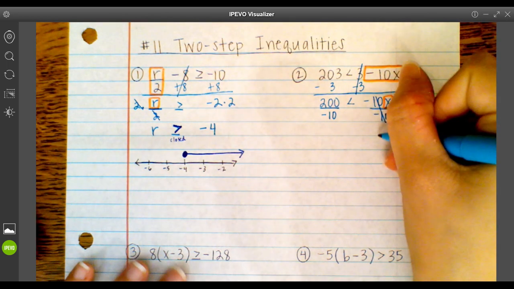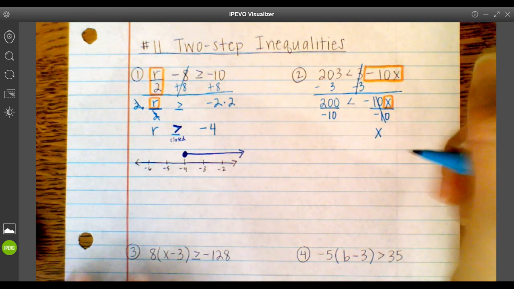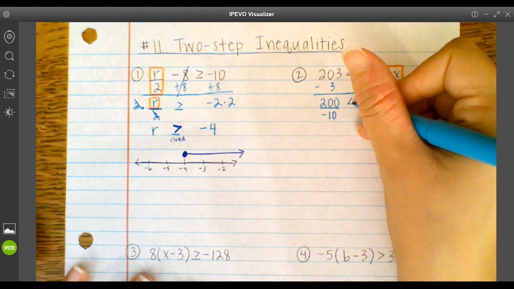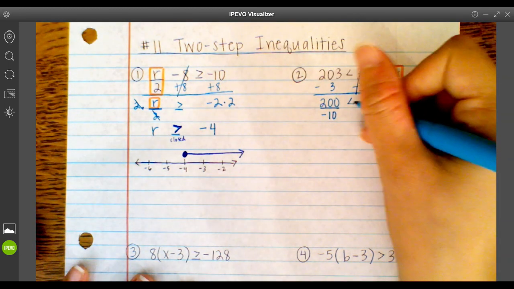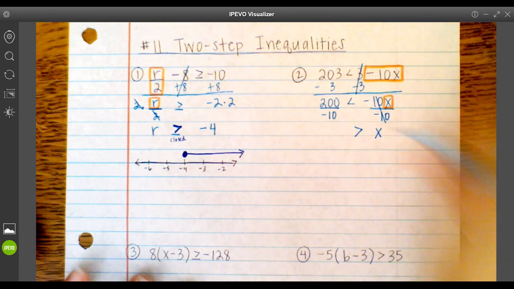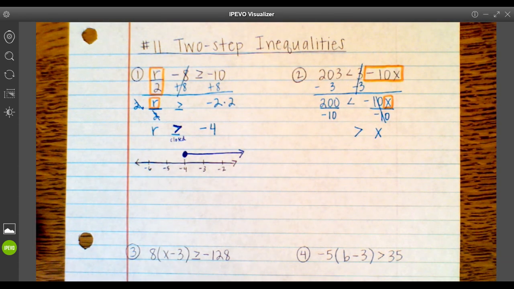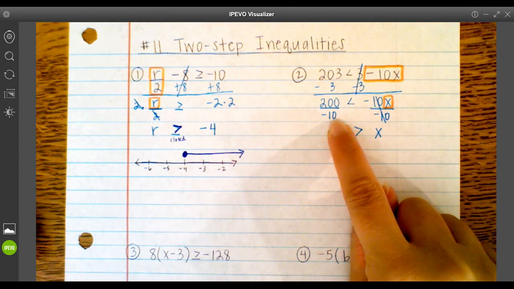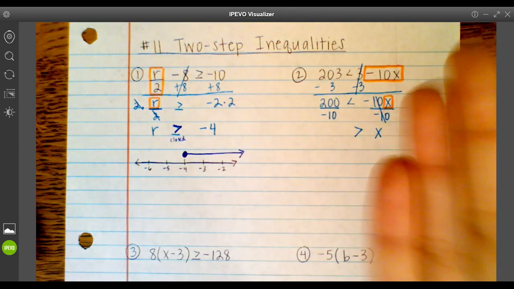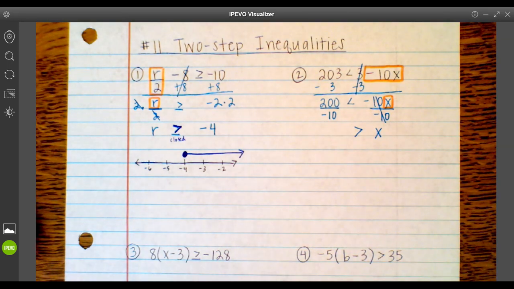And when you guys divide by a negative in an inequality, the sign now goes from positive to negative, which means that our sign must also swap directions. So if it was pointing to the left, when I divide by a negative, it will now swap my sign or flip the sign.